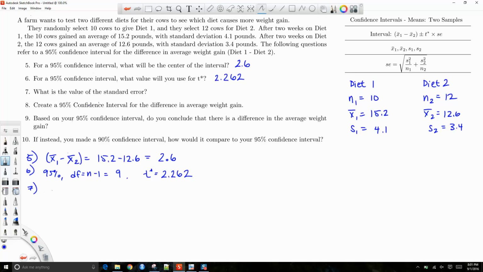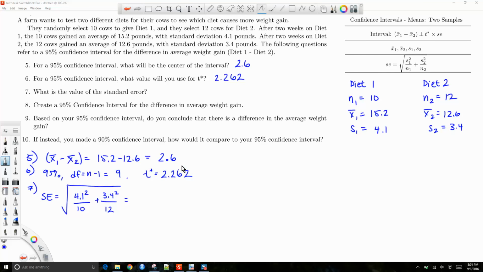What is the value of the standard error? Okay, and so as far as the standard error goes, we're just going to plug in the numbers that we have. So we've got s1 squared, 4.1 squared, over n1, which is 10, plus 3.4 squared, s2 squared, over n2, which is 12.